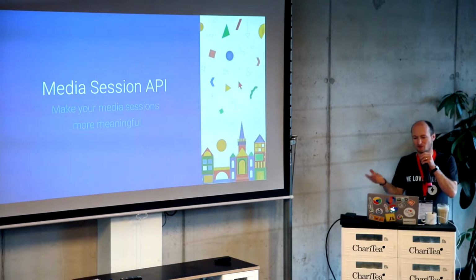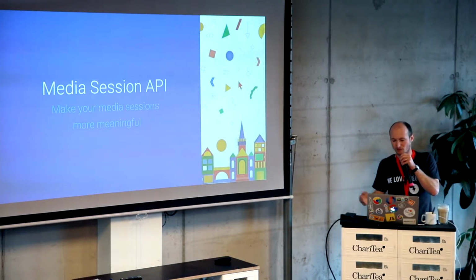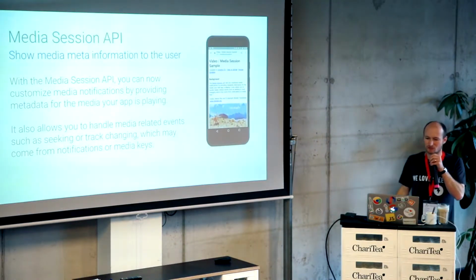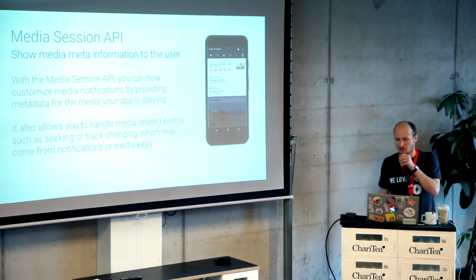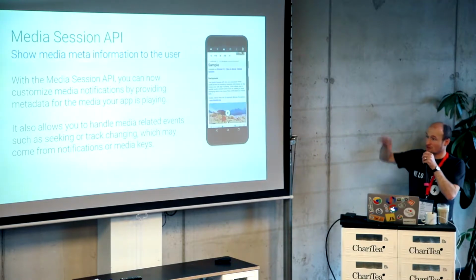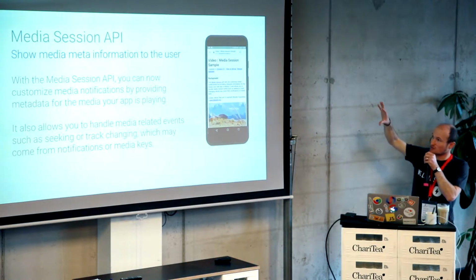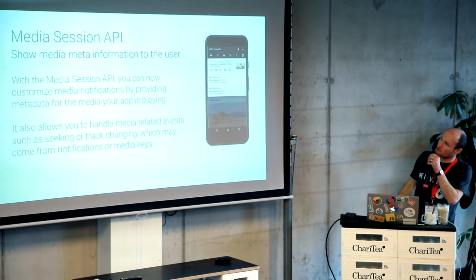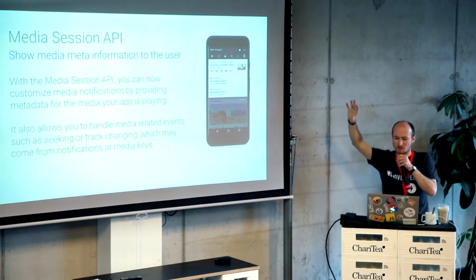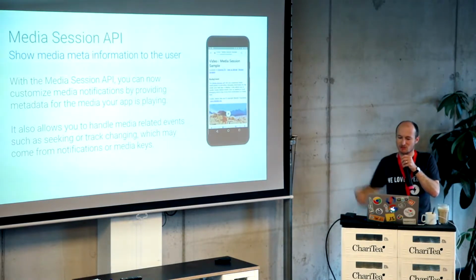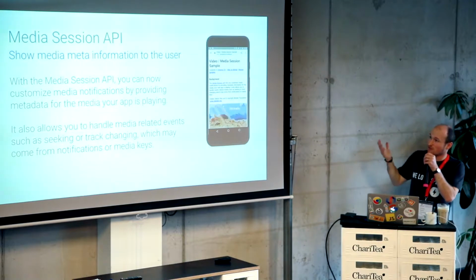Media session API. So when you're playing video content or audio content from the web, this API now allows you to show meaningful metadata to the user. What you can see in this animation here is the Android widget that is generated. And if you look, it has a ton of useful information here. So if you swipe down again, whoop, here we go, you can see it has, first of course, all the meta information, like the image of the track that is playing right now, the title, the length, and so on.